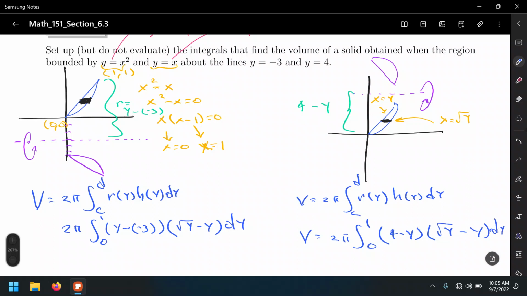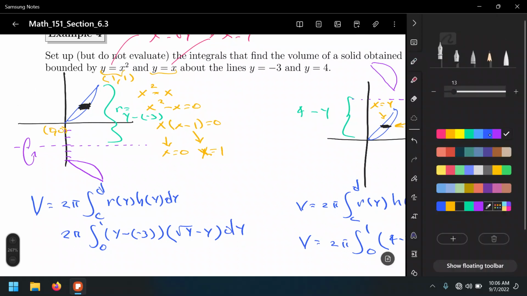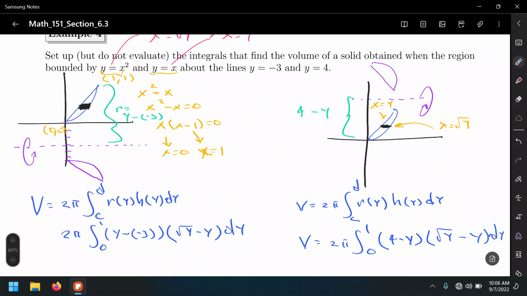Question? Yeah, on the first example, why did you do y minus the line? I feel like you did y minus line, and the second one you did line minus y. Yes, when we describe the radius, r of y, we look at the region and do top minus bottom.